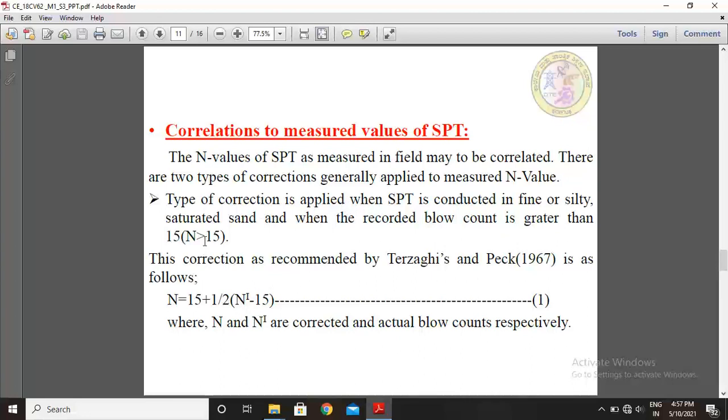The first correction is applied when SPT is conducted in fine or silty saturated sand, and when the recorded blow count is greater than 15. This correction is recommended by Terzaghi and Peck as given in the equation: N equals 15 plus 0.5 times N dash minus 15, where N and N dash are the corrected and actual blow counts respectively.